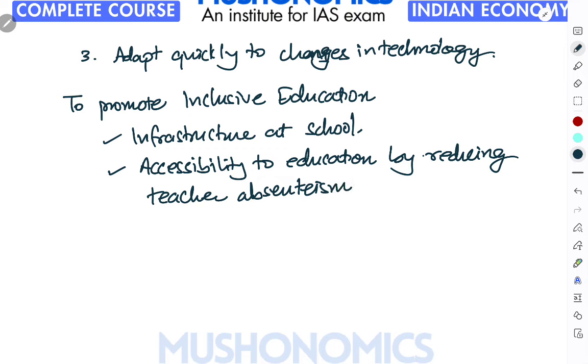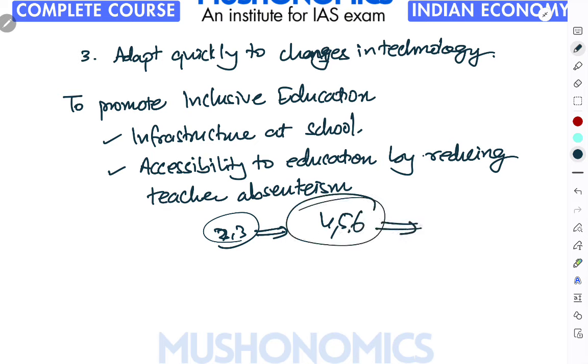Maybe you have heard that students in second standard, third standard sometimes sit together. In government school it happens, not in private school. Second, third, fourth, fifth, sixth standard students are sitting in one class only because teachers are not there. So one teacher is taking care of three classes. These things were there earlier, and now also in rural areas it is there.